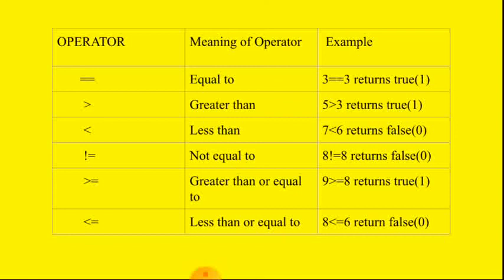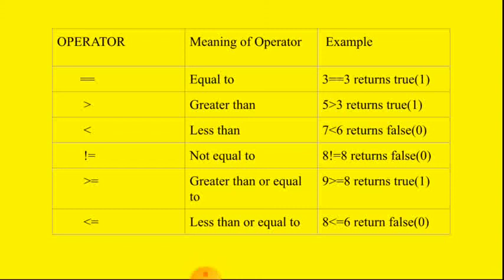8 not equal to 8. Is 8 not equal to 8? No, 8 is equal to 8. So it returns false. That is 0. 9 greater than or equal to 8. Is 9 greater than or equal to 8? Yes, 9 is greater than or equal to 8.